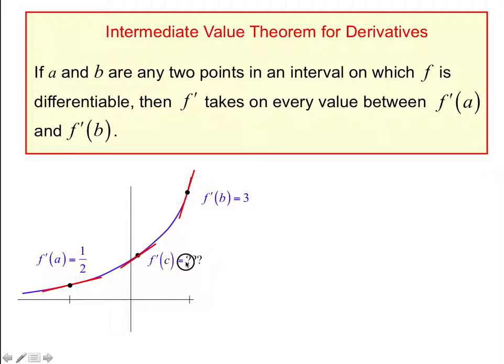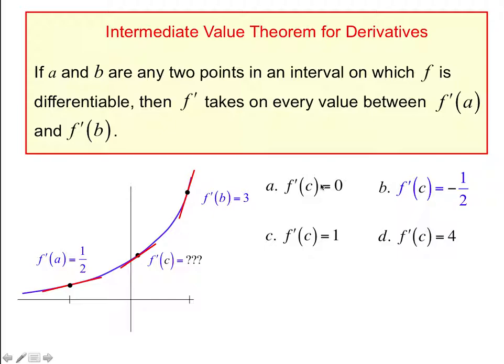So if we turn this into a multiple choice question, then the derivative can't be 0 because 0 is not between a half and 3. The derivative cannot be -2 for the same reason, negative a half, excuse me, because negative a half is not between a half and 3. And I'll skip over C because C is the correct answer.